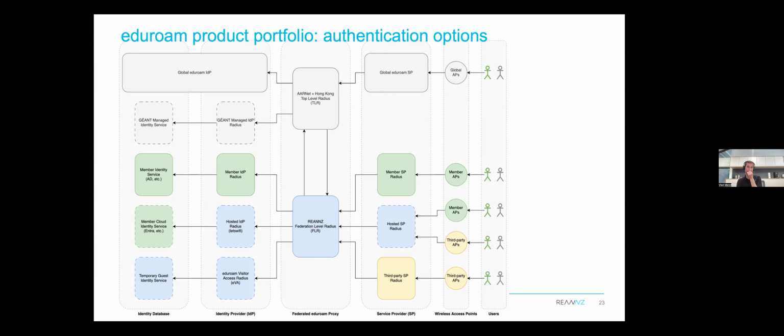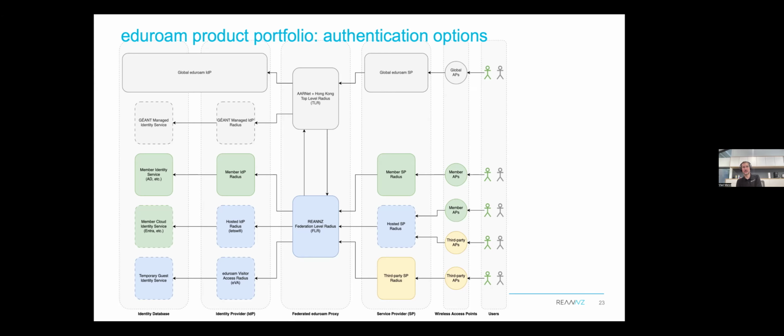Just to complete the picture, the other option of issuing accounts is that we also operate the eduroam visitor access service. So that's for short-term visitors. Typically a member operates a guest Wi-Fi network, and most visitors to a member site could possibly have eduroam, but there would be a few users who do not have eduroam, and the member still wants to provide Wi-Fi access for them.